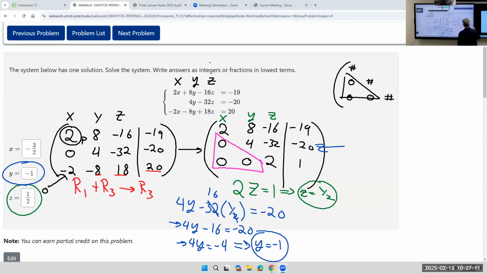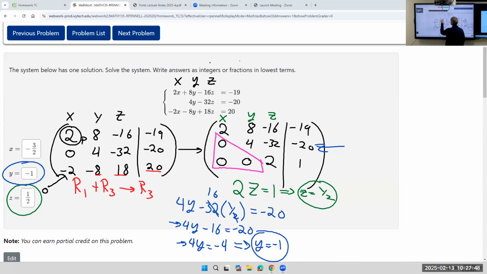Now I have z and y. I need to find x. I can go to the first equation and solve for what x equals. I know that 2 times x plus 8 times y minus 16z equals negative 19. I can solve for that. I need to find some room on the board here. Space can be a hard thing to find sometimes. What color haven't I used? I haven't used this pink.